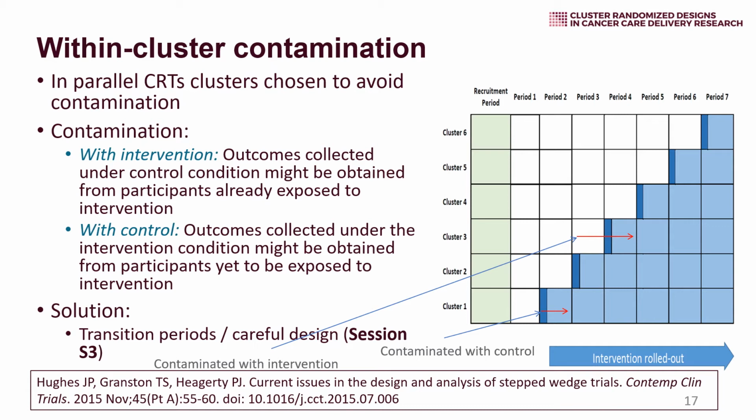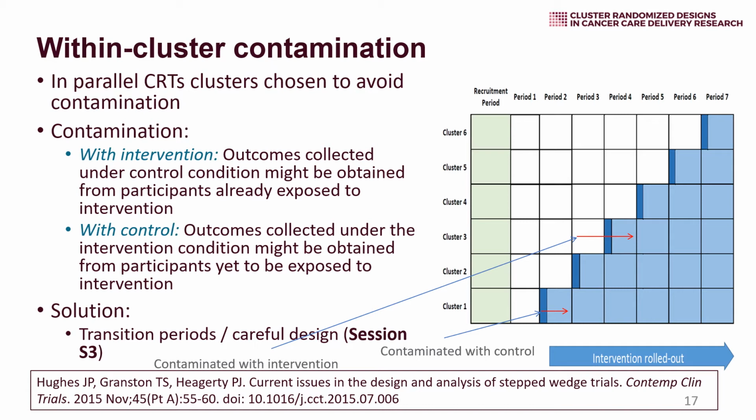By choosing our clusters, we have implicitly or explicitly obtained a way of minimizing the risk of contamination. However, in a stepped wedge trial, because each cluster receives both the control and intervention condition, contamination can become a concern again. So the first issue is what we might call contamination with the intervention.